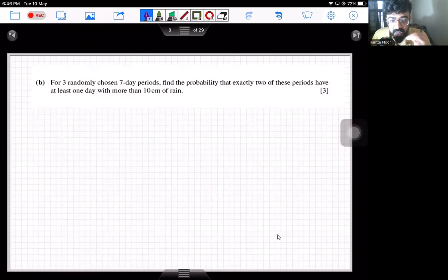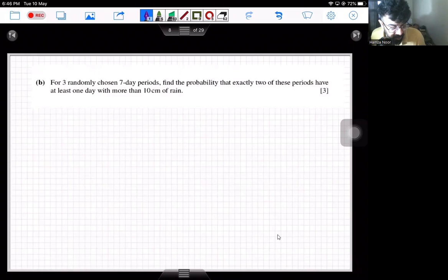So we need to find the probability that exactly 2 of these 3 periods out of 3 have at least 1 day with more than 10 centimeter of rain. Okay, so let's check what would be the probability that out of those 7 days, where we had the fixed number of trials 7, we have rain on at least 1 day.